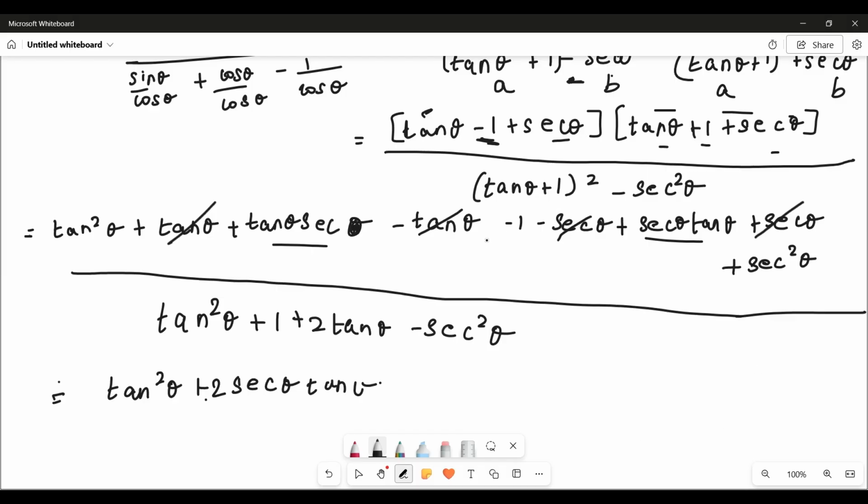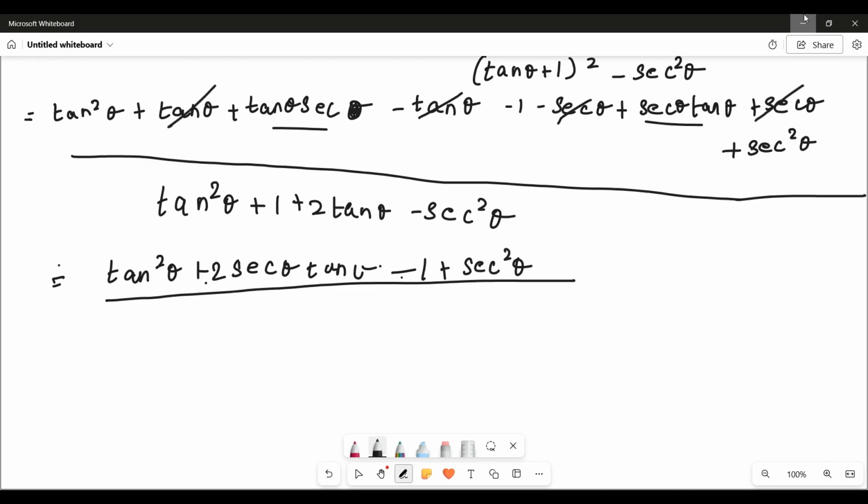And what is left is a minus 1 here, and secant square theta, over, let me write this properly, tan theta.